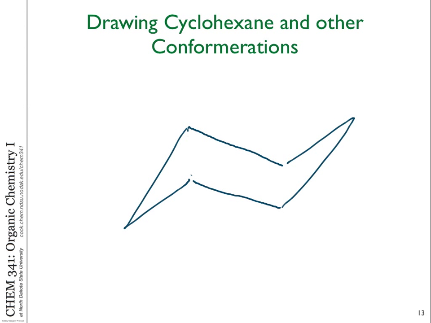Now, when you want to represent the positions on the ring, the hydrogens I haven't drawn here, from this chair structure, we always draw the axial hydrogens at each corner of this ring as straight up or straight down. So here's an axial hydrogen. Here's an axial hydrogen. Notice I drew this on top because this side is coming closer to us.